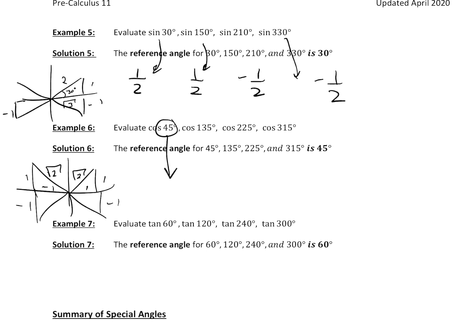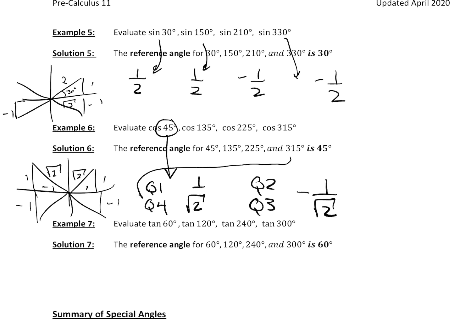So cosine in Q1 and Q4 is positive. So you'll have the same answer. You'll have 1 over root 2. But then in Q2 and Q3, it's negative, so you'll have negative 1 over root 2. And that's the whole point. That's all we're trying to achieve here, is to demonstrate that shift. So obviously Q4 is the 315 degrees, Q1 is 45, Q2, Q3.